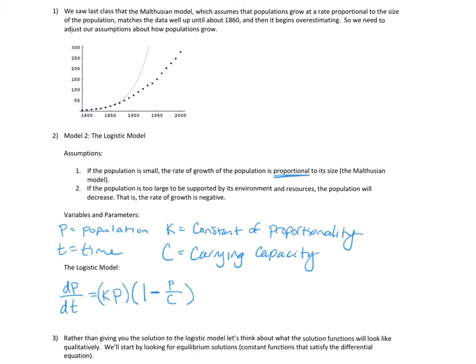When the population is smaller than the carrying capacity, the value of P over C will be less than 1, so 1 minus P over C would be positive. So still positive growth when population is smaller than carrying capacity. If population and carrying capacity are equal, P over C would be 1, and then this whole factor right here would be 0. So if the population equals the carrying capacity, it would not change size. So this is called the logistic model.